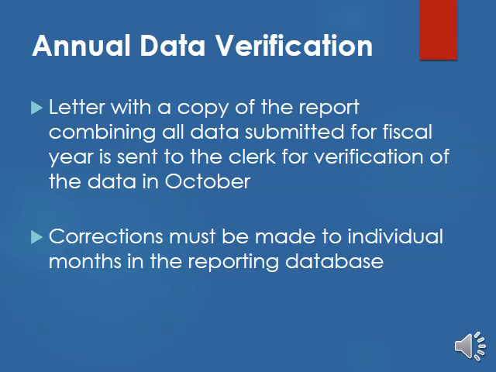In October, we send a letter to you with a copy of the report combining all of the information submitted for the fiscal year and ask that the information be reviewed and corrected if necessary in the reporting database. Keep in mind that if you find that corrections are necessary, you must make those corrections to individual months, as corrections to the year as a whole cannot be made.